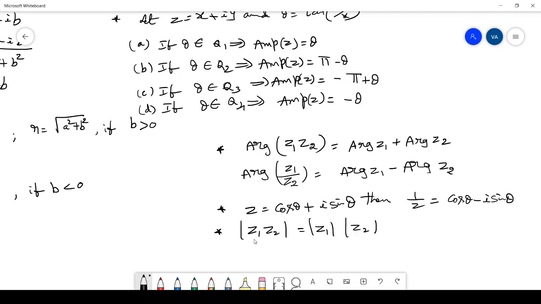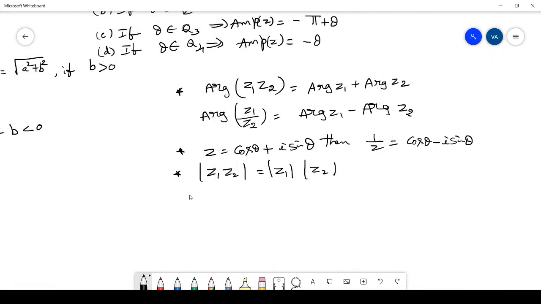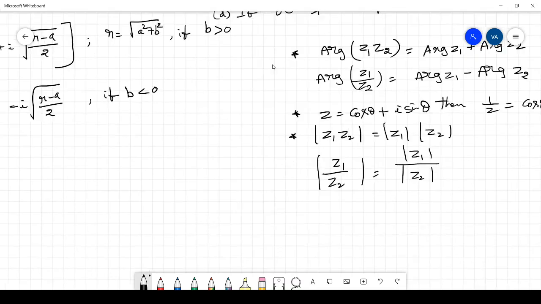The modulus of z1 by z2 is modulus of z1 by modulus of z2.